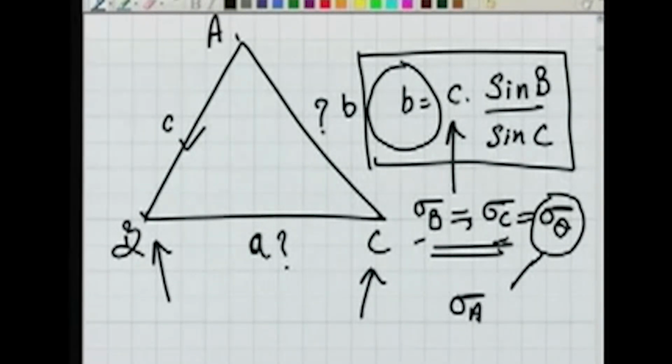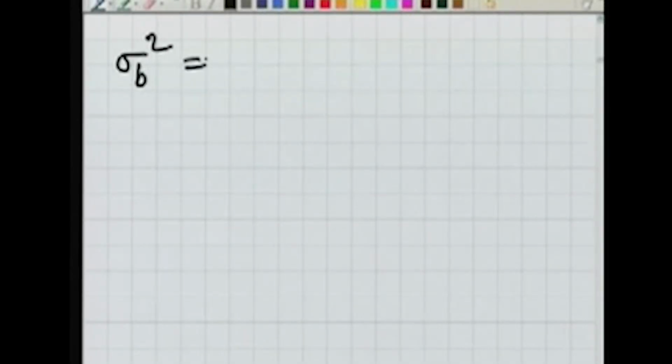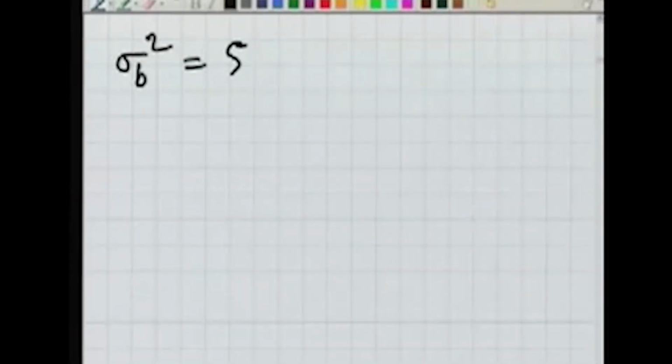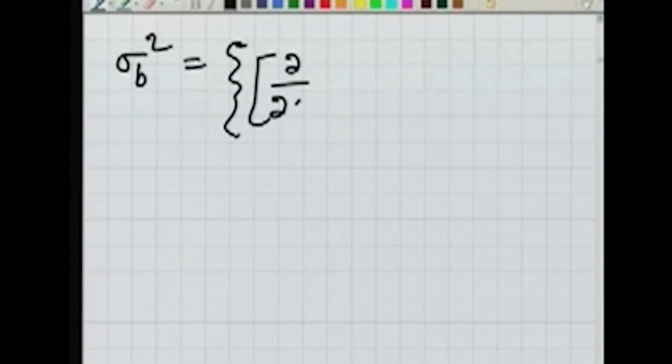So to write this error propagation, we can write it as now, sigma B, that's the error in computation of length B. We can write this as the partial derivative with all the variables which are coming there of my function.